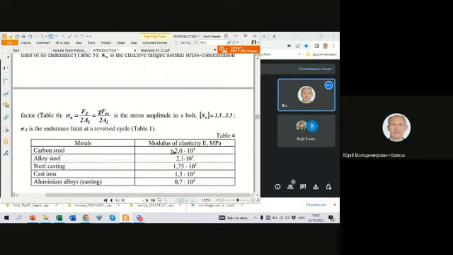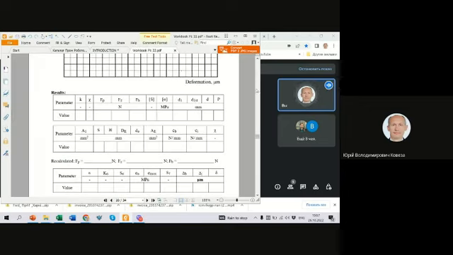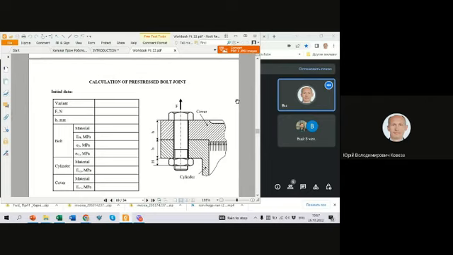If cast iron, 1.3; aluminum, 0.7. And put these values here. E is cylinder and E cover. If they are the same, write 2 times. It's not principal.